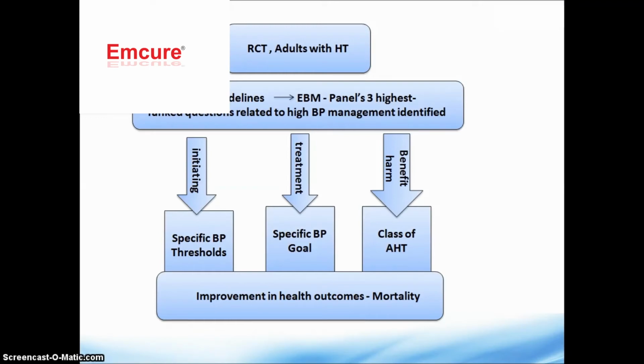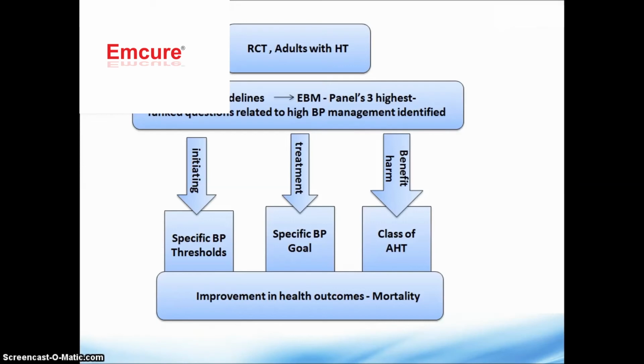When you are treating the patient, what is the specific blood pressure goal or target BP which you need to achieve, and which drug is offering more benefit or causing more harm to the patient. So we need to decide according to the class of antihypertensive which has to be given to a particular group of patients. The result was improvement in the health outcomes, and that too in the mortality rates. So this was in brief about the JNC 8 guidelines.